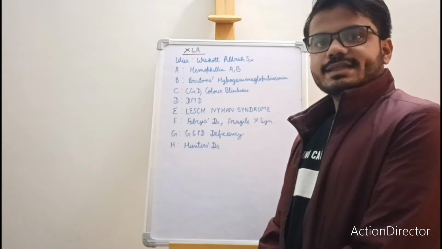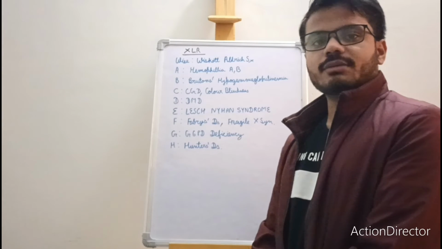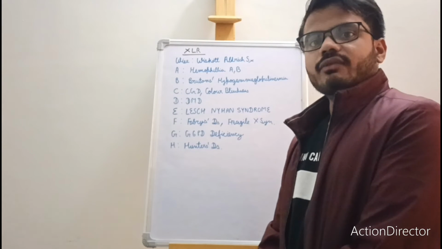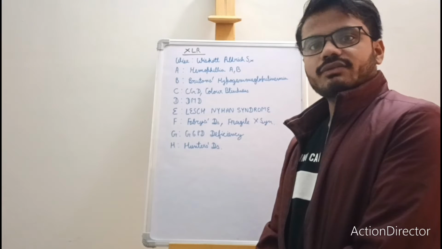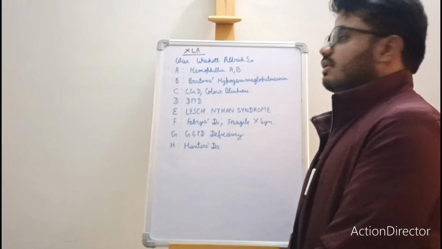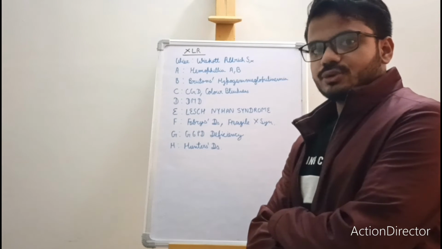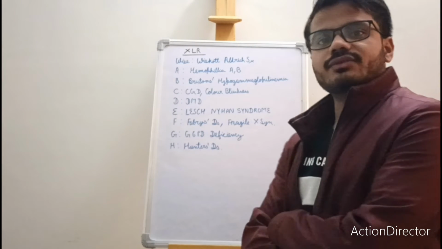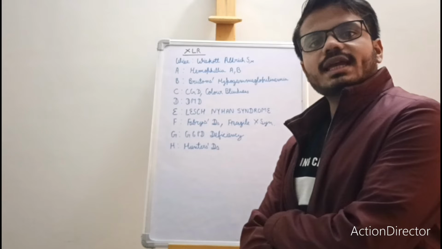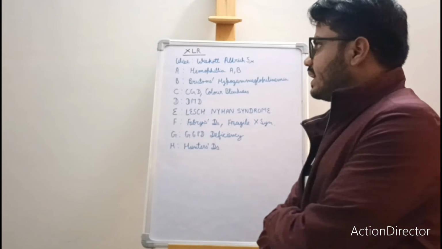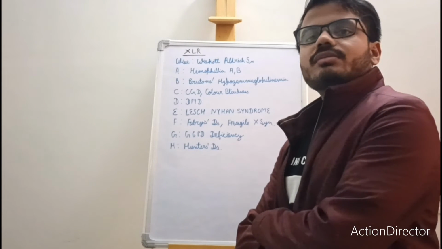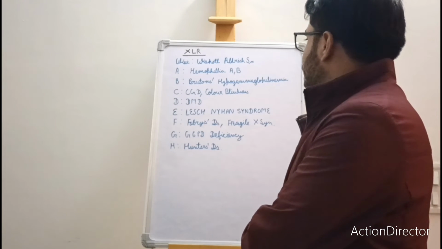So, beginning with X-linked recessive disorders. The mnemonic for this is WISE A B C D E F G H, right? WISE stands for Wiskott-Aldrich syndrome. A stands for hemophilia A and B, right? B stands for Bruton hypogammaglobulinemia.